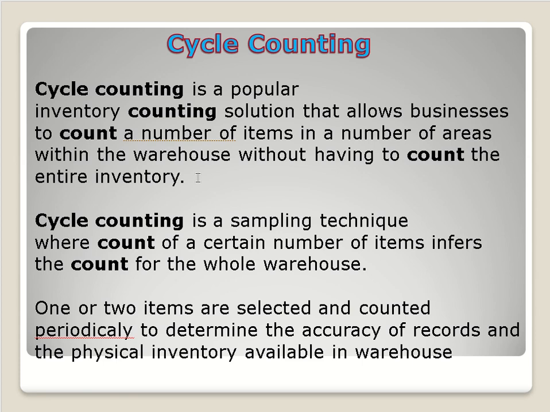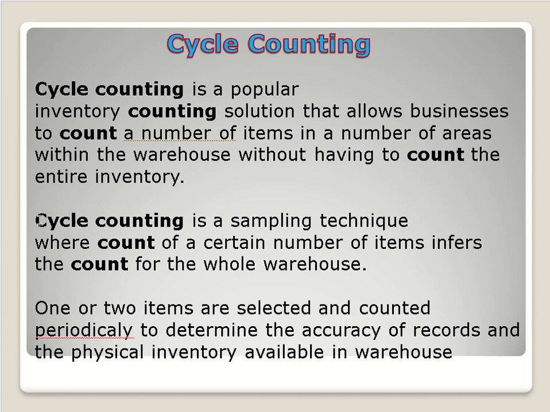Because the other option is to close the entire warehouse and do the count, and you do that once a year or every 6 months, because that is disruptive to business. Cycle counting is done as the business moves. And so you count only on the specific items, but you do that every day for the entire year.